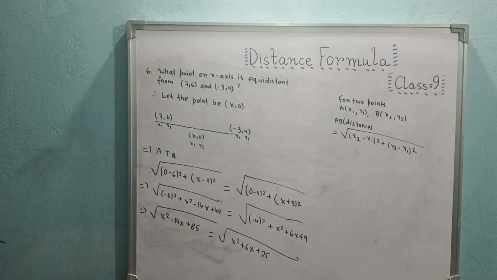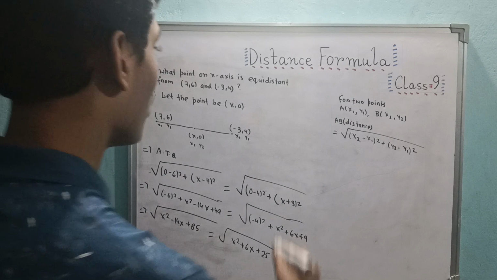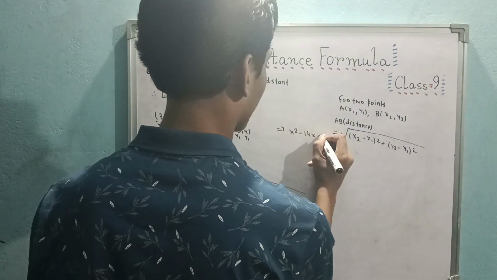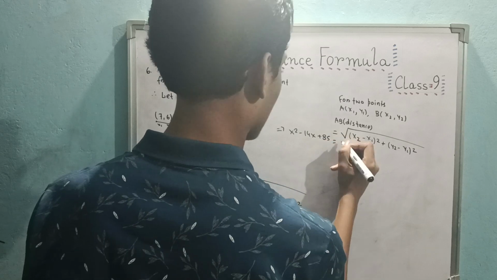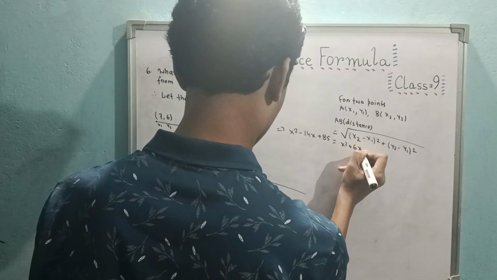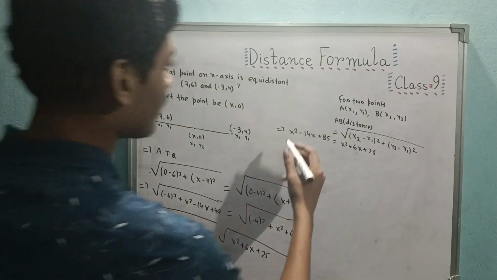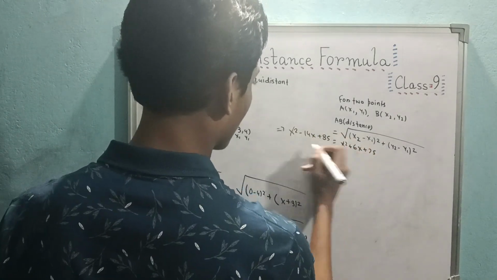Then square both the sides to remove the root: x square minus 14x plus 85 equal to x square plus 6x plus 25. I am squaring both sides to remove the root. Then see, on both sides x square is there, cancel it out.